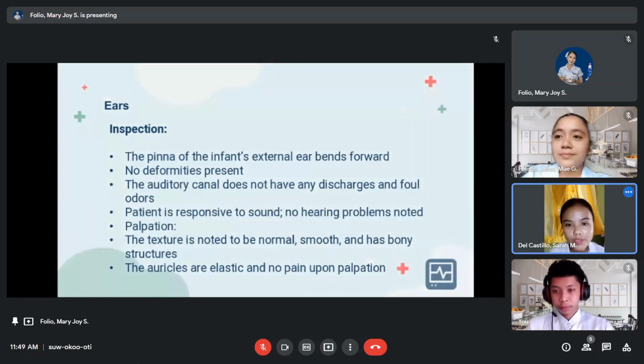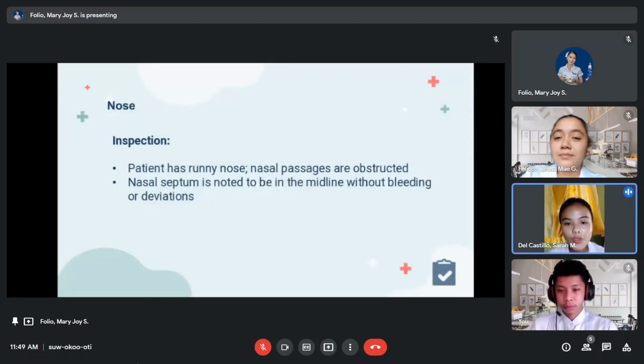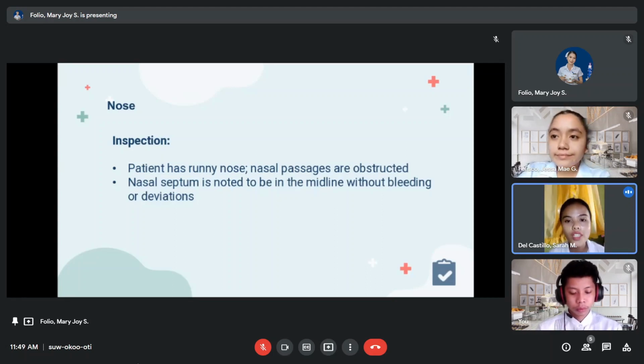So next. For the nose, upon inspection, patient has runny nose, nasal passages are obstructed. Nasal septum is noted to be in the midline without bleeding or deviations. Next.